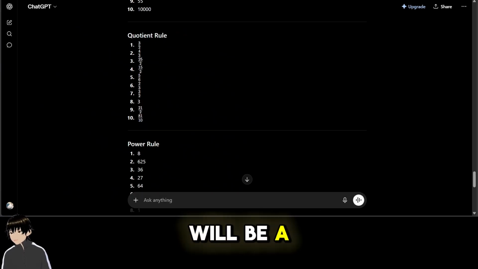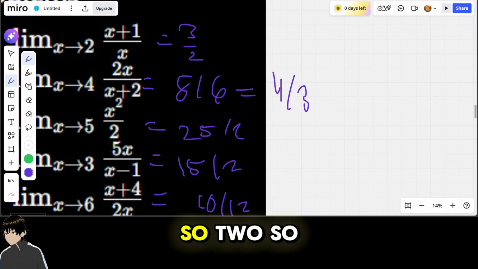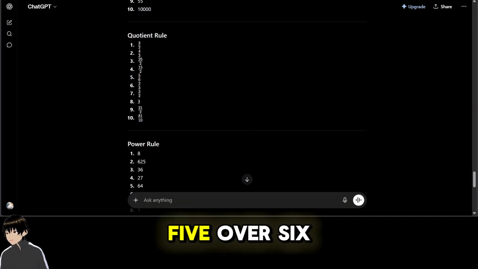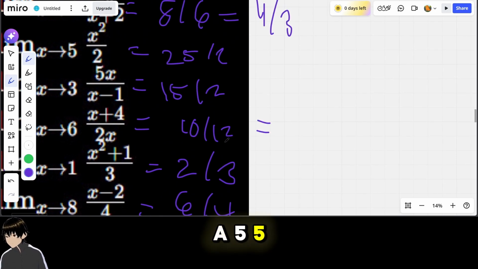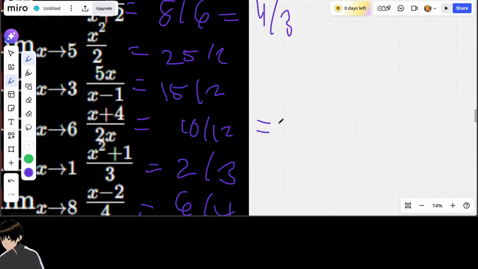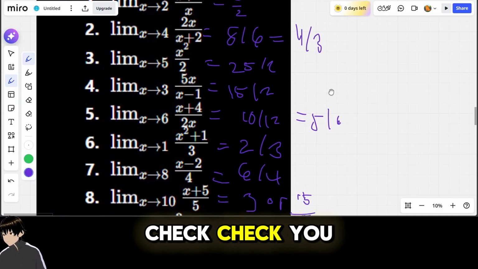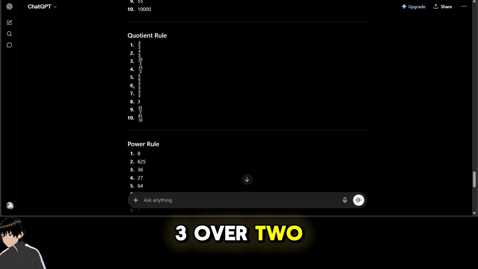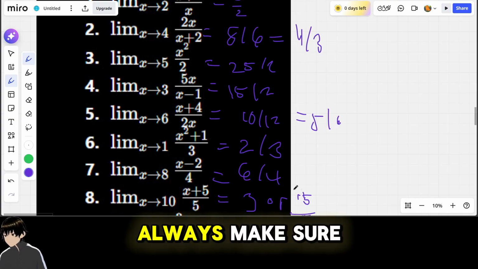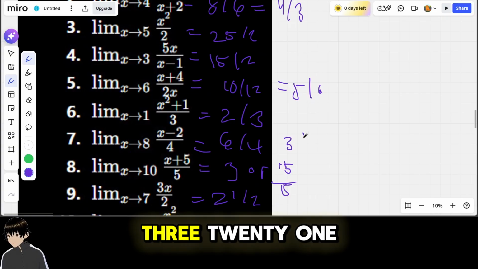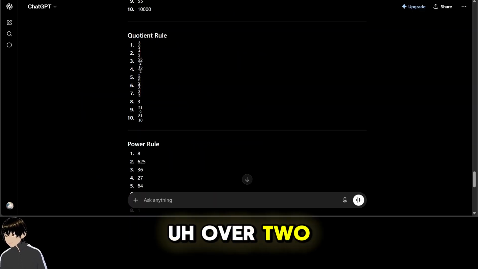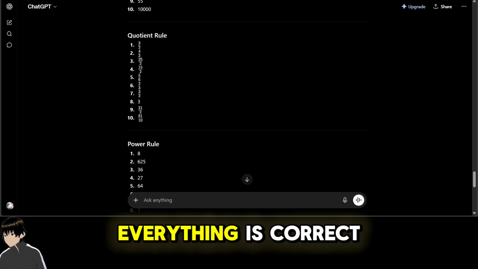And this will be simplifiable by 2. So we have 5 over 6, and 5 over 6, and 2 over 3. You can actually do 3 over 2 here. So you always make sure to simplify your answers. 21 over 2, and then 81 over 10. That will be correct. Everything is correct.